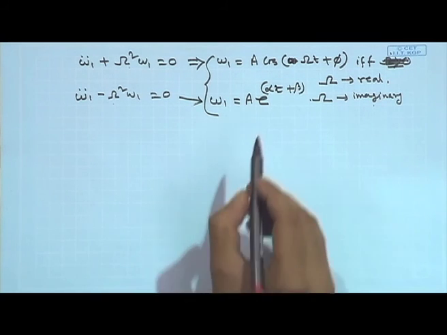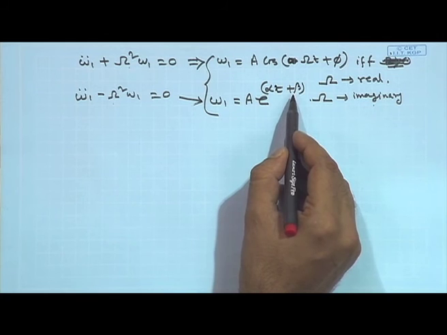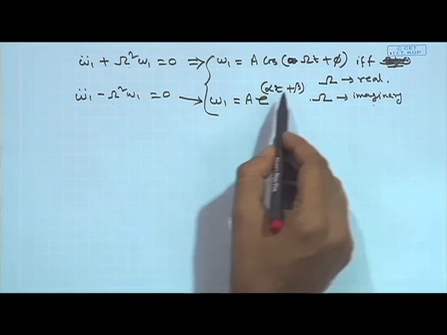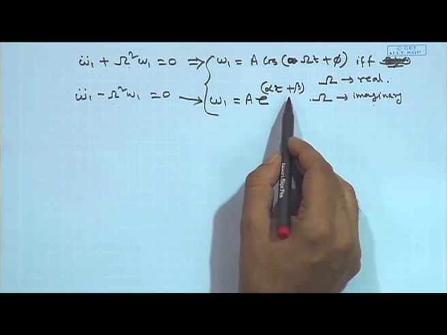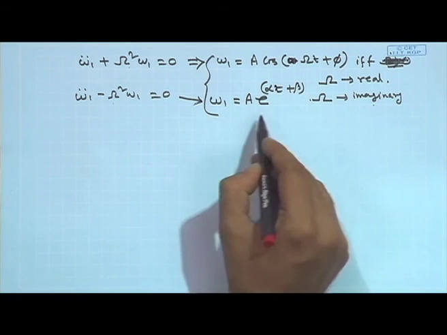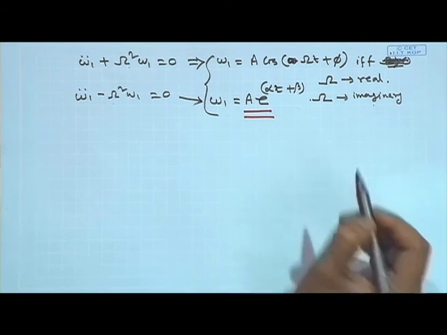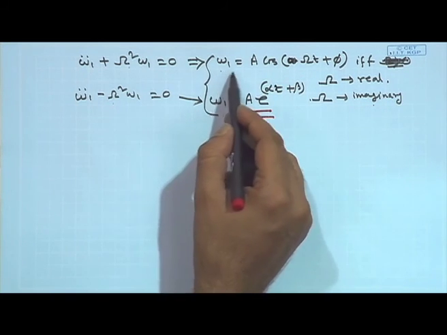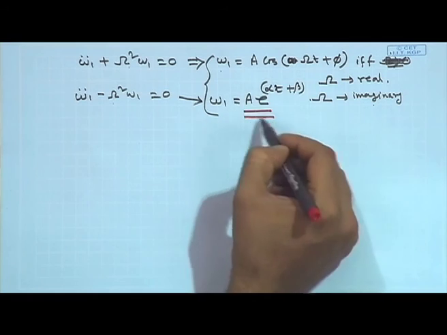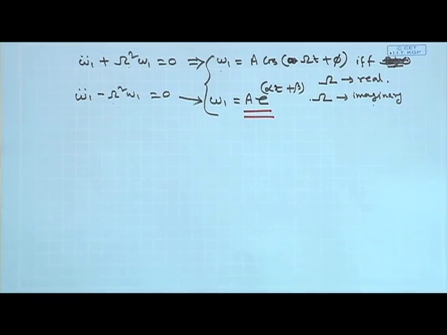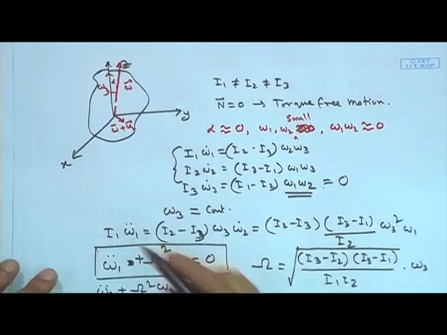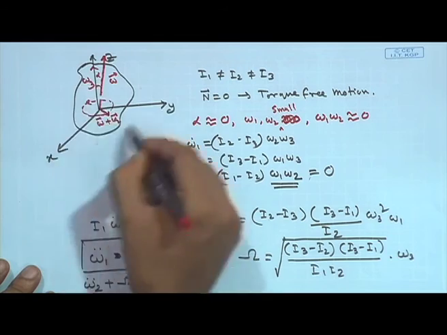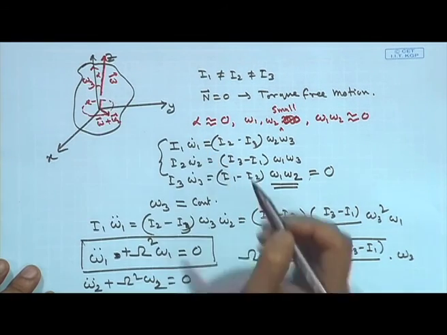What is important is, if we get a solution of this exponential form, and similarly the same thing happens with omega 2, that means omega 1 and omega 2 will not have oscillatory nature. That essentially means omega 1 and omega 2 will not execute a circular motion around the body z axis.